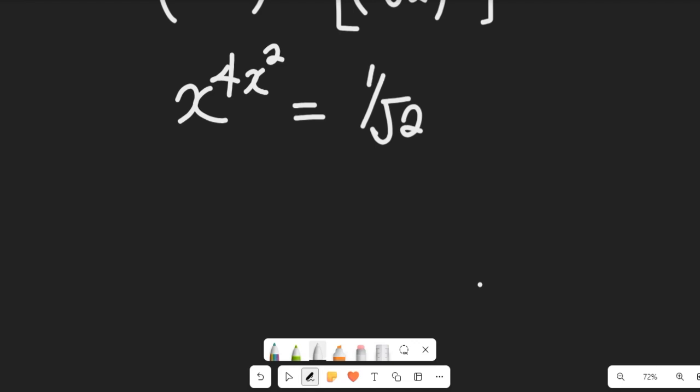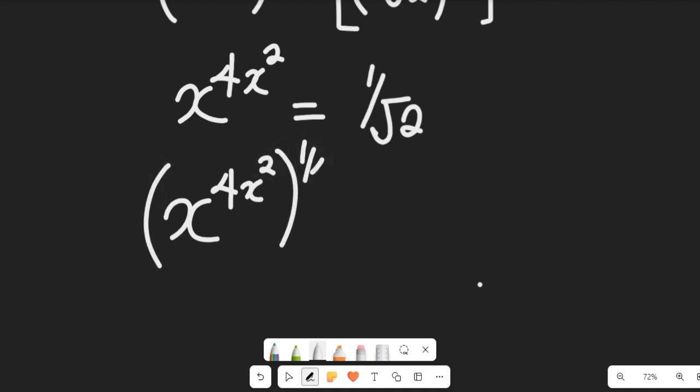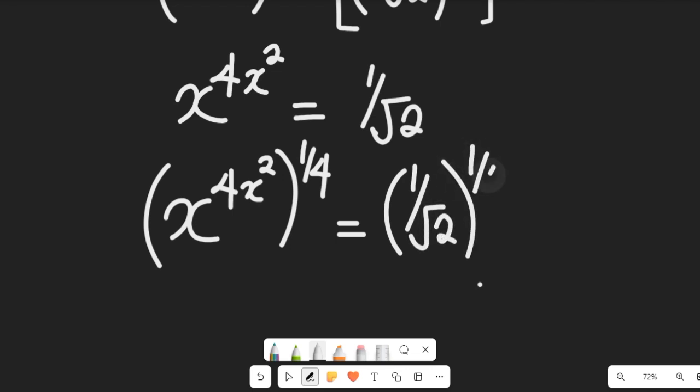So that expression will now give me x to the power of 4x squared, right? All multiplied by 1 divided by 4. And this will be equal to, whatever we do to the left hand side, I must definitely do to the right hand side. So this will give me what? 1 divided by 4. Great.